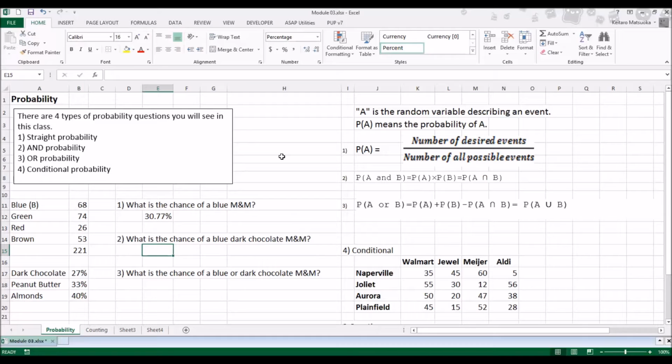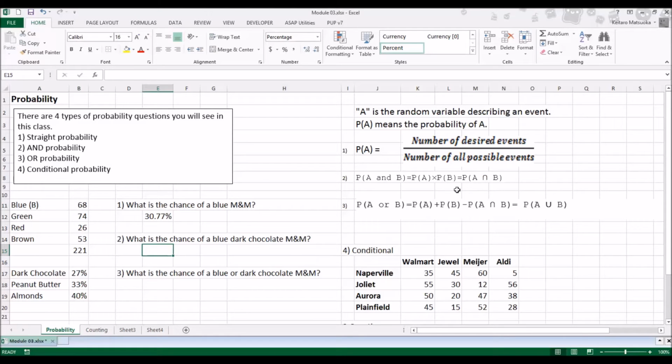So to do a question like that, the formula is P of A and B, the probability of A and B happening together. It's simply the probability of A multiplied by the probability of B. And it's sometimes represented by this over here, the upside down U symbol. That just means it's the same thing as and probability.